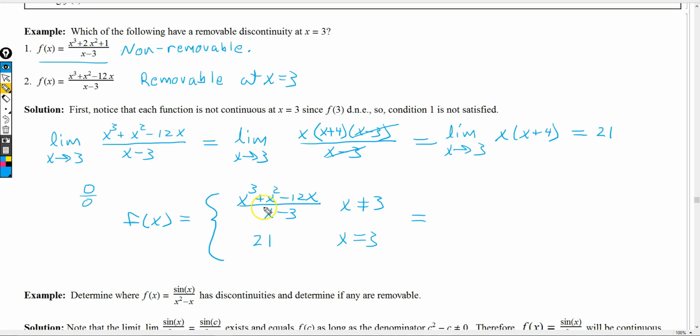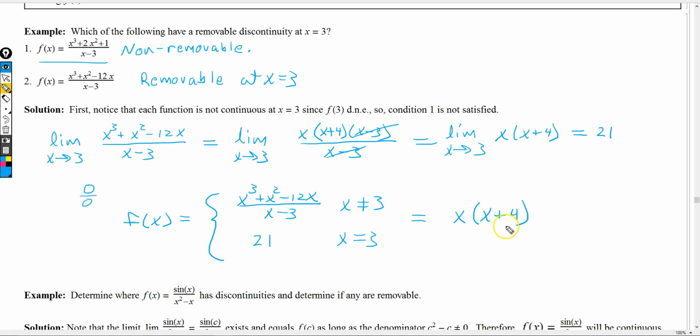Notice actually that this function here is exactly the same then as just x times x plus 4 everywhere. That's really what this function is. By filling in that little gap, the hole where this function is undefined when x is 3, we're just doing this, and then this is just equal to x times x plus 4.